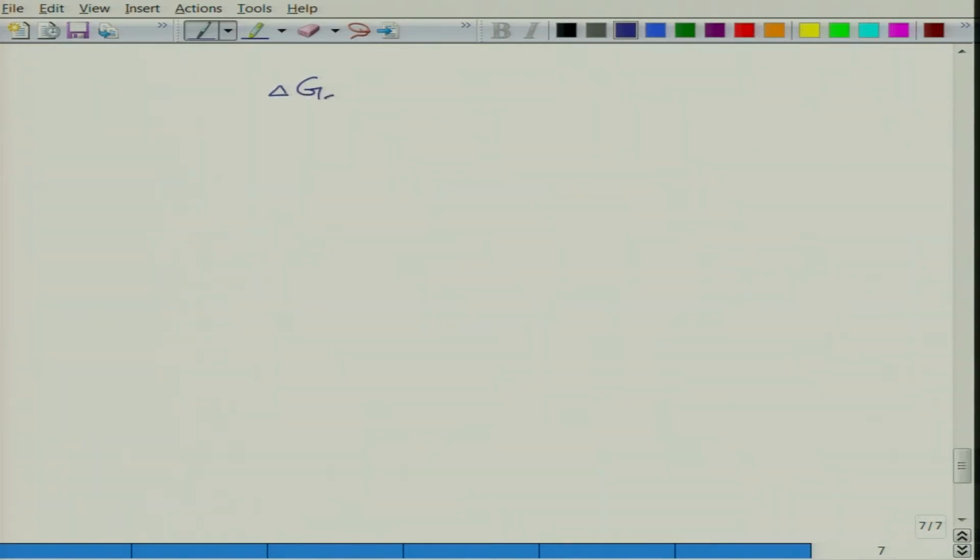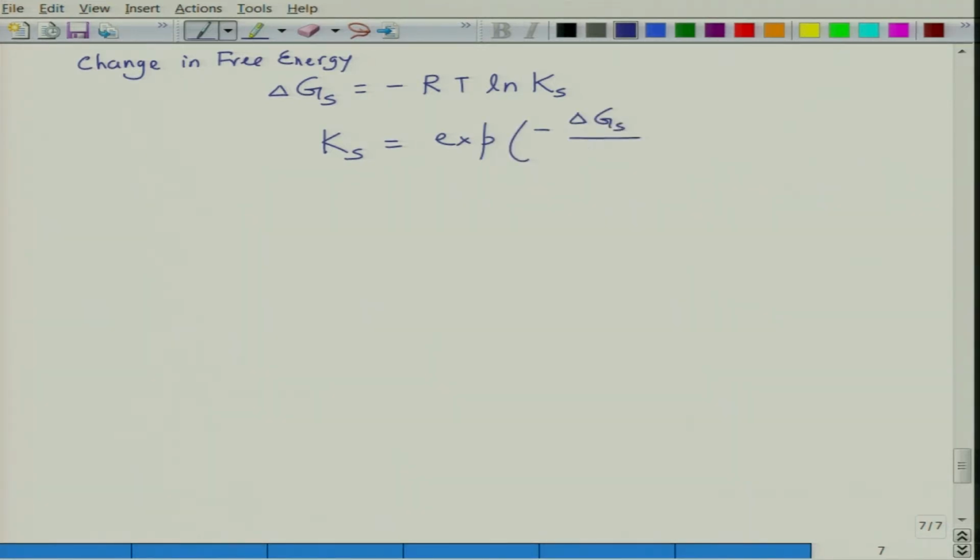We can write delta Gs for this reaction as minus RT ln Ks, the change in free energy. So, we can write Ks as exponential of minus delta Gs divided by RT, or KT, but let us write it in terms of RT.